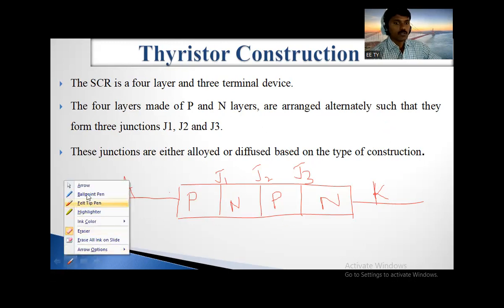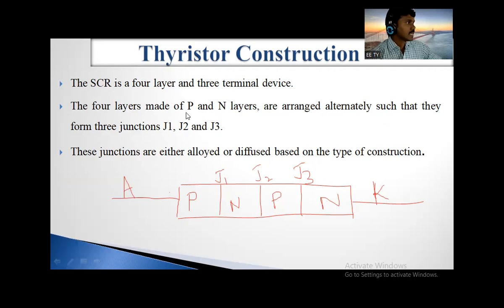Next. So what we can say here, it is a three terminal device. It is a four layer device, so layers are different and terminals are different. It is having three terminals. One is the anode and second is the cathode. Where is the another terminal?